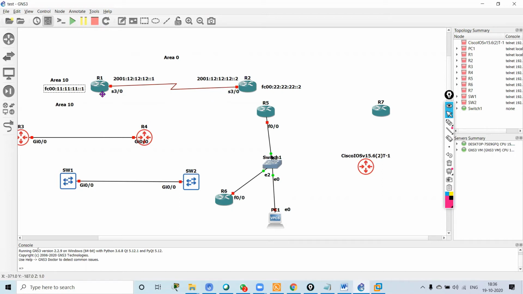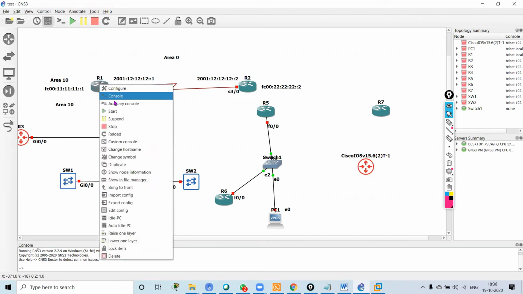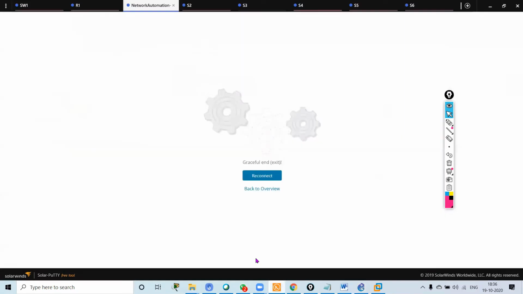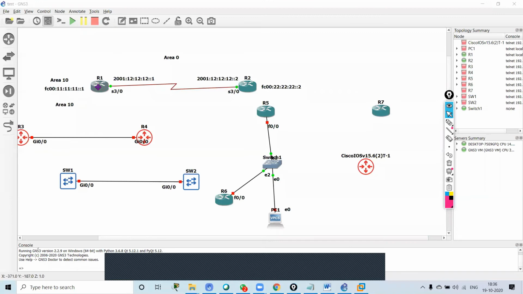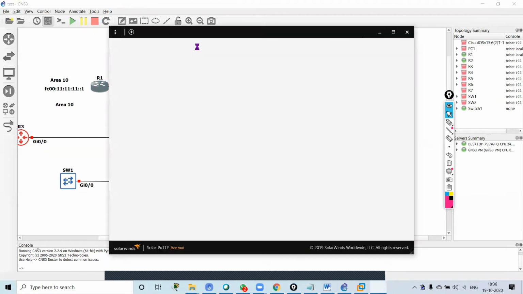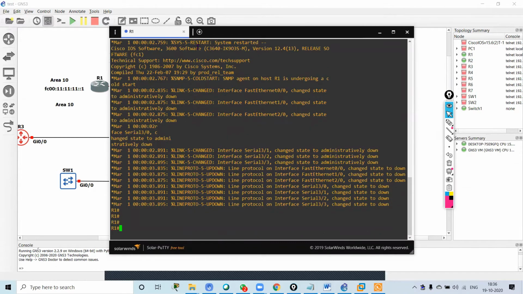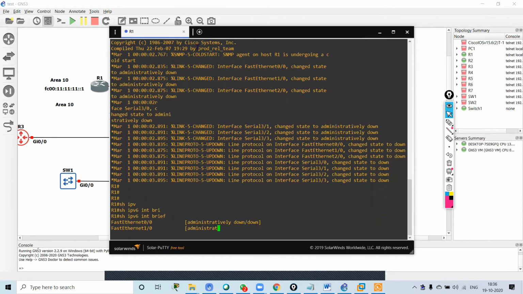Okay, it is there over here. Let me check if IP addresses are configured or not. Show IPv6 interface 3.